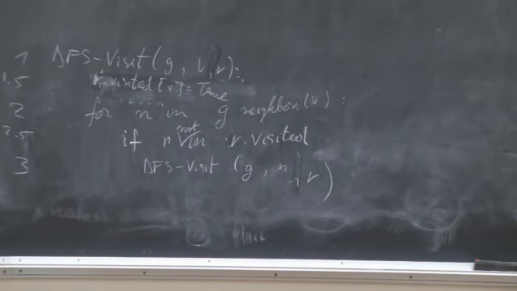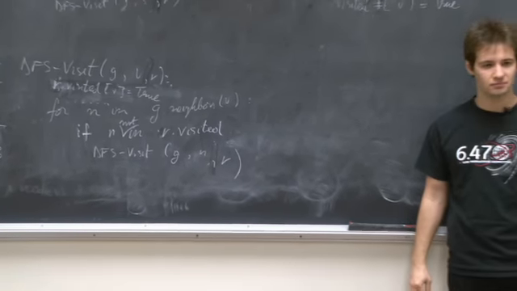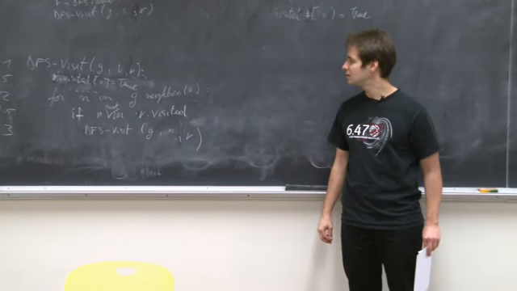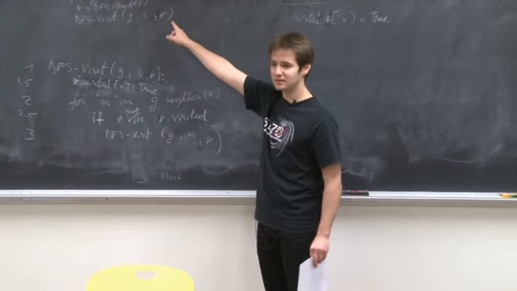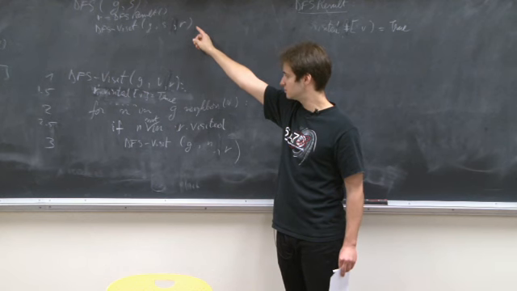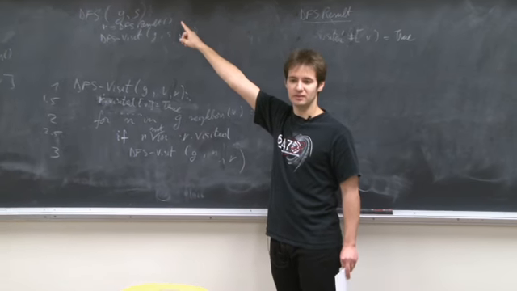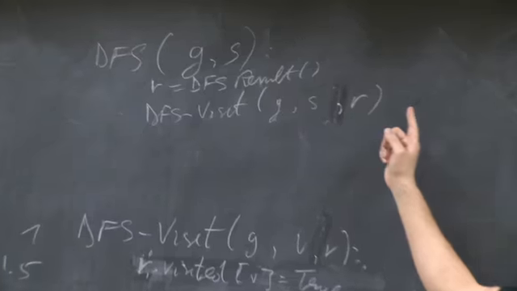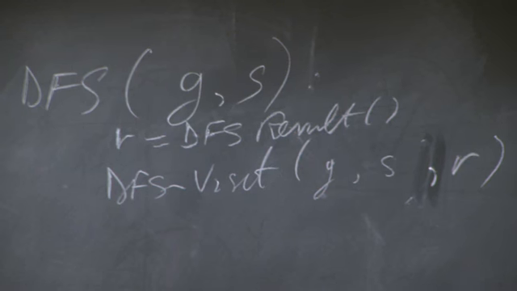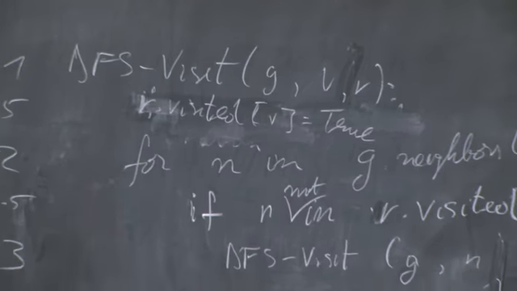The first time it's being called, it's not checking whether it's visited, but the recursive calls cover that. But this is at the beginning, right? This calls DFS visit with the starting node. Do we care? That's okay. Yeah, that's fine. So I think this should work. It's not the only way to write it, but it's reasonably clean, it's easy to reason about, and it works.